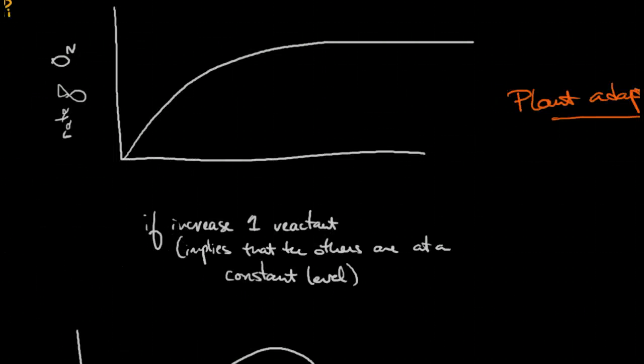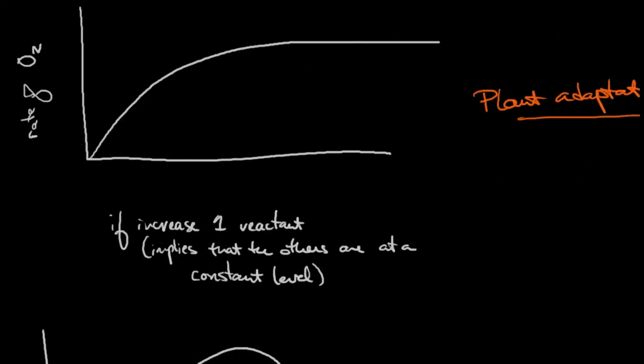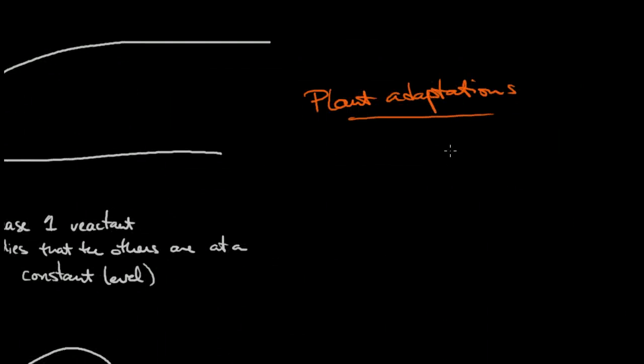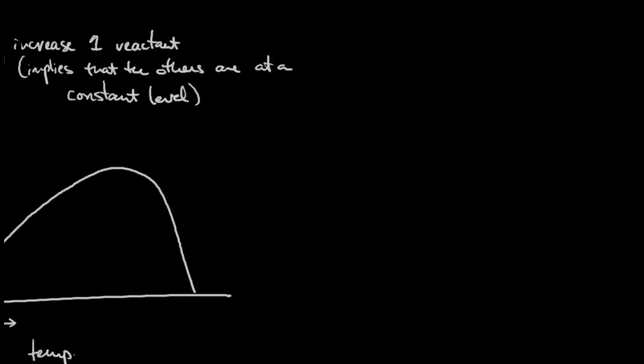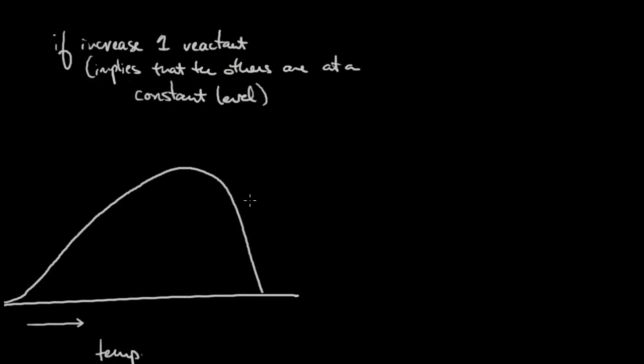But they're still limited in this way by these reactants, but they're able to take advantage of different environments in different ways. So we'll talk a little bit about ways that they can avoid limiting reactants or temperature or things like that.